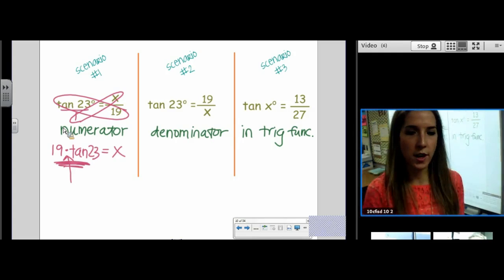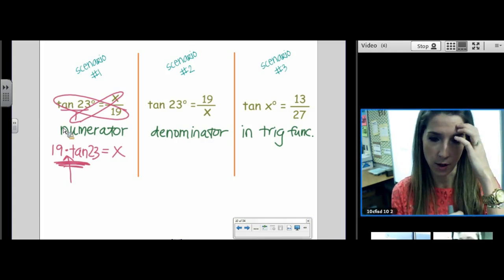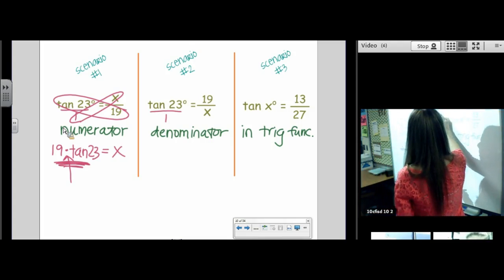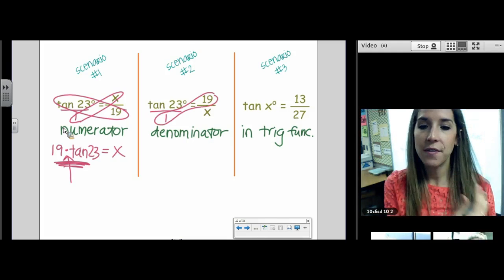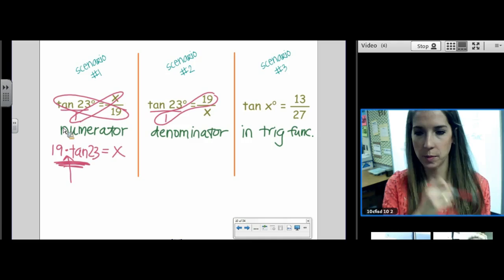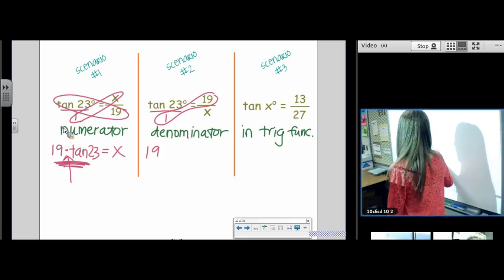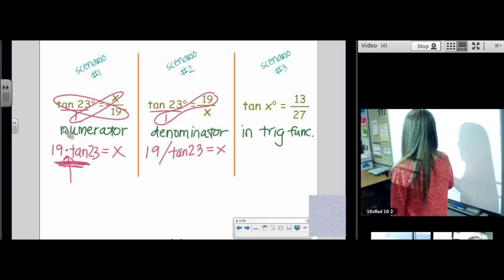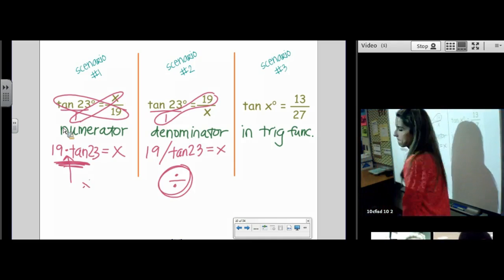When x is in the numerator, we're going to end up multiplying that number in the denominator times our trig function. Well, what happens here when we put this over 1? We're going to do 19 times 1 divided by tan 23. We're going to cross multiply and divide. So that one is going to end up 19 divided by tan 23 equals x. So in this one, we are going to divide. In this one, we are multiplying.